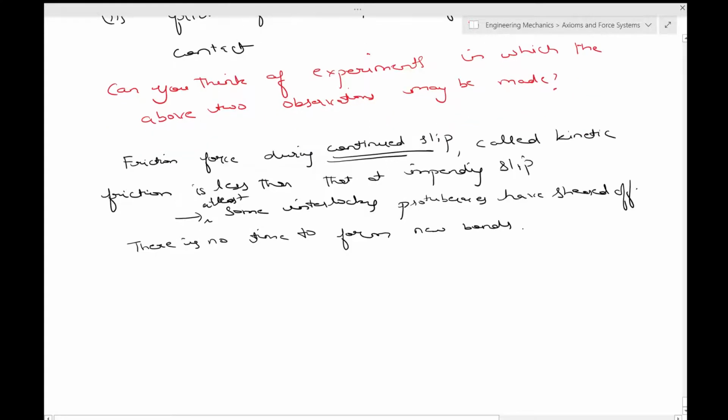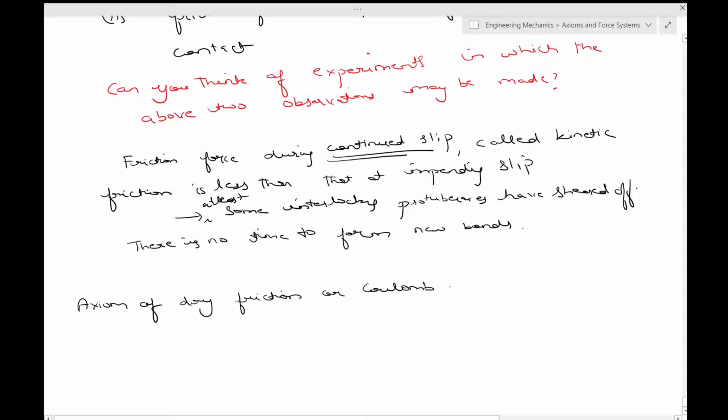So let's first now take up the axiom of dry friction, or Coulomb friction.